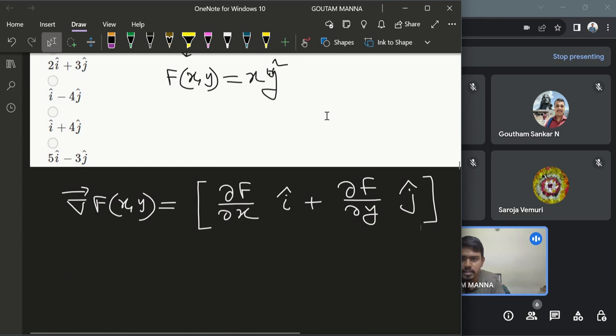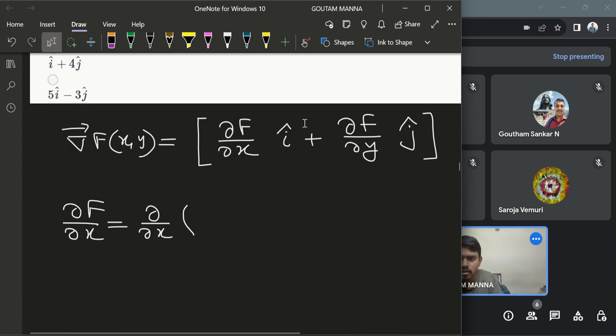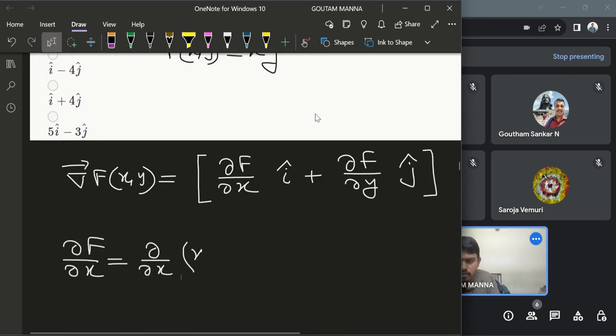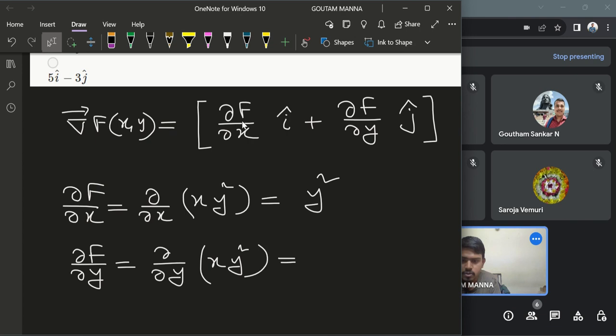Del f del x is del x of f, which is x y square, which is just y square. And del f del y equals del y of x y square. We treat x as a constant, so x times the derivative del y of y square, that is 2y, so 2xy.